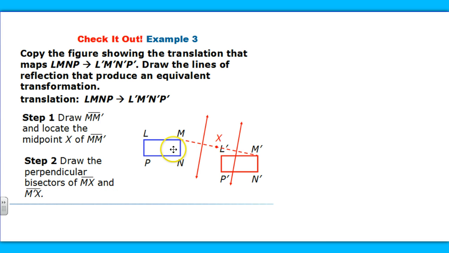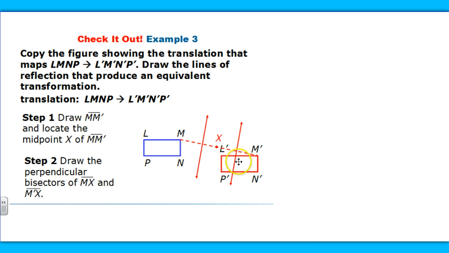So first M prime was drawn, and then a midpoint X was found on M prime, right? And then perpendicular bisectors were drawn of MX and M prime X. Those perpendicular bisectors are the lines of reflection, right?